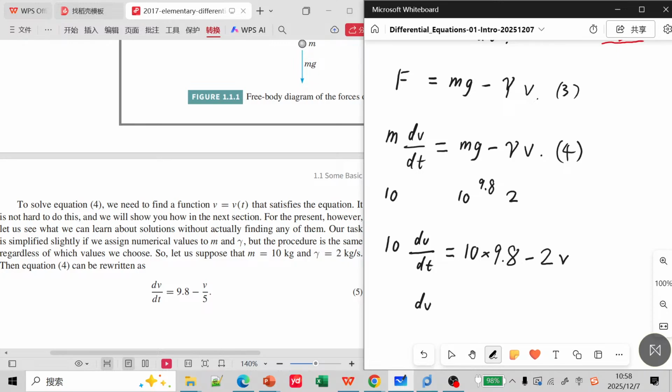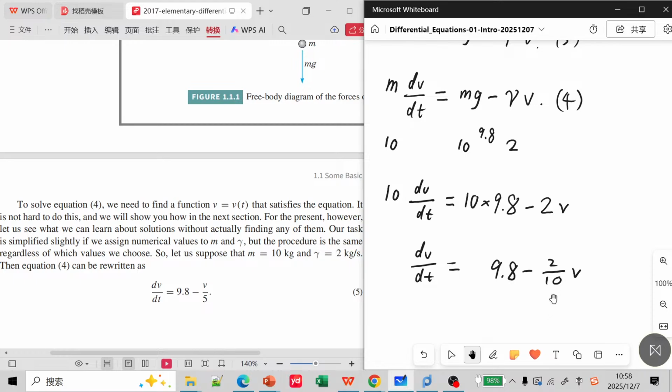Now it becomes dv over dt equals 9.8 minus 2 divided by 10 times v, and 2 divided by 10 is a fifth, so it is v over 5. This is the fifth equation we get.